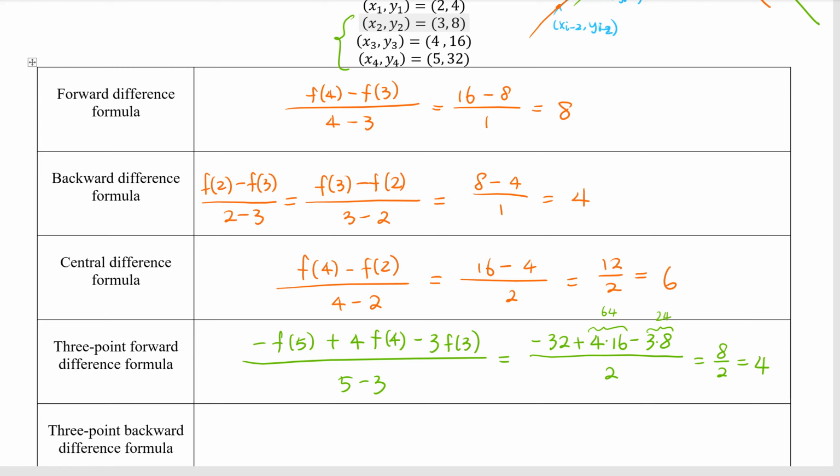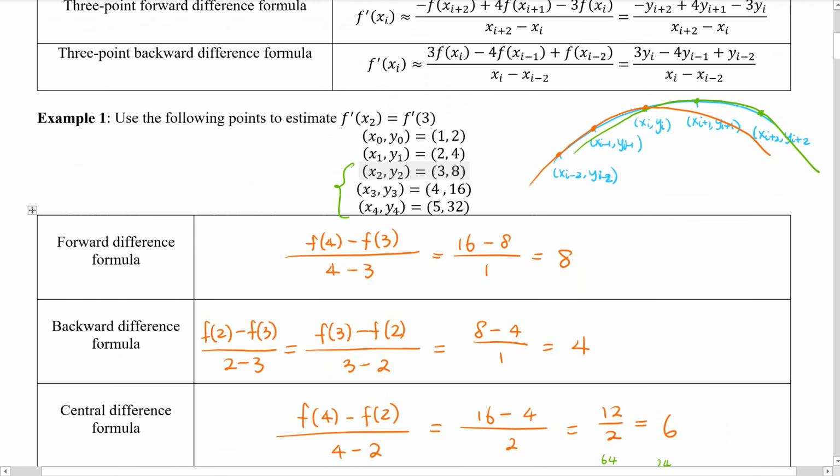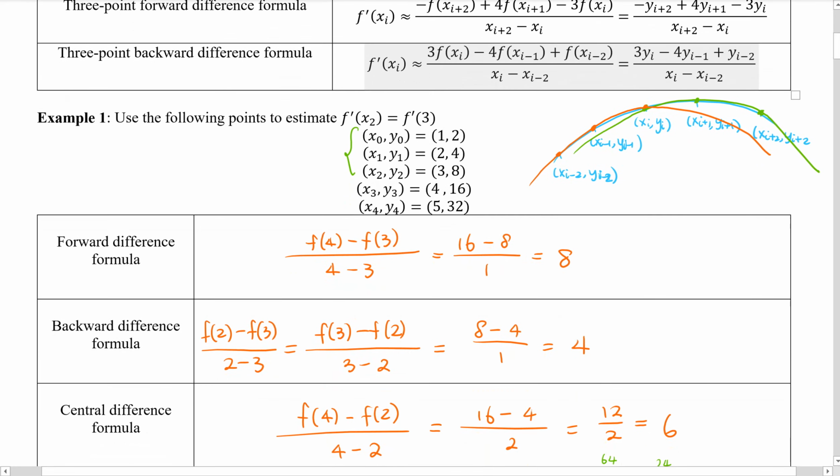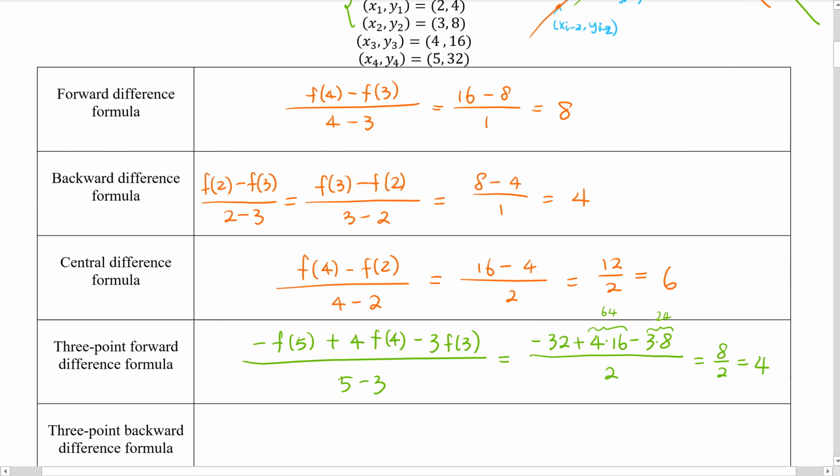Okay, so how about the 3-point backward difference formula? Well, instead of the next 2 points, we use that point and the previous 2 points. Here we use 3 f of that point minus 4 f of the previous point plus f of the point before that. So 3, minus 4, and 1.